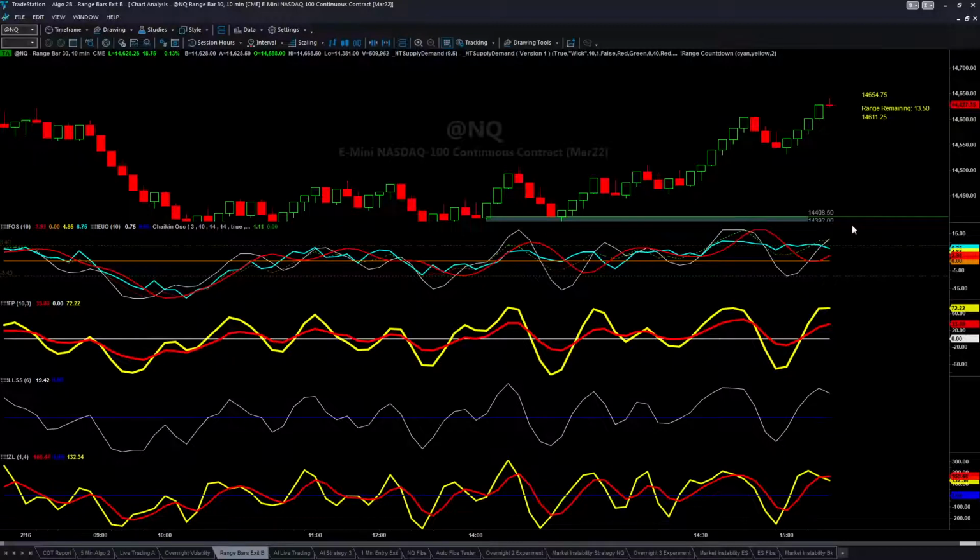So you are in trend mode right now to the upside, and chances are you have a very good run right here. If this blue trace crosses the red line, then you're going to have pullbacks again.